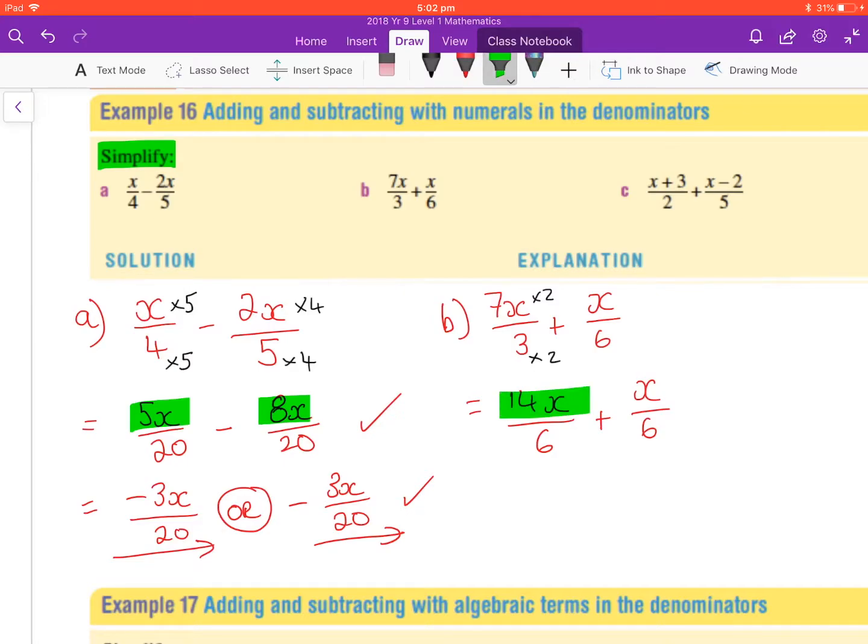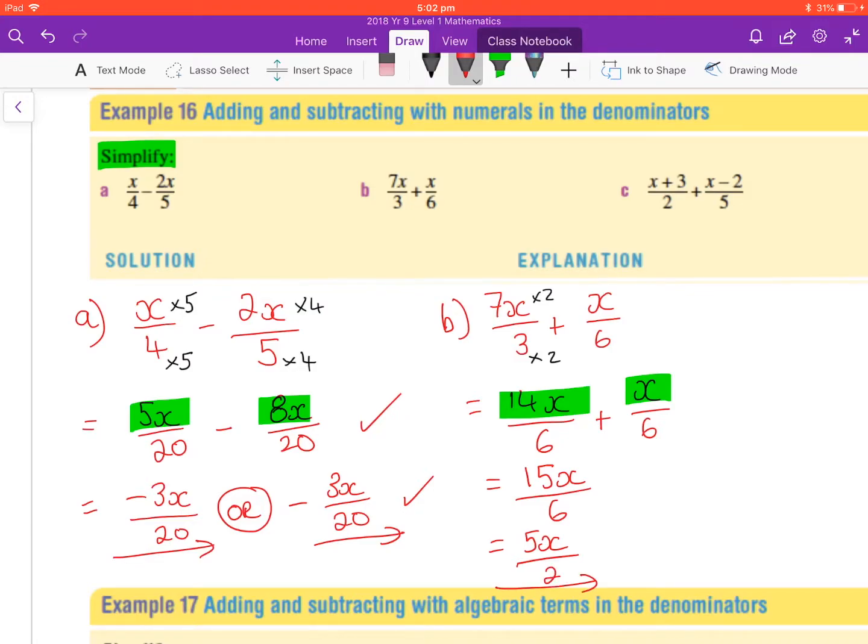Now look at your numerators. They are like terms, so it's 14x plus x. That's like saying 14x plus 1x; we just don't write the 1 in our algebra. So that gets me 15x over 6. But I'm not quite finished with this. I can simplify this fraction to be 5x over 2.